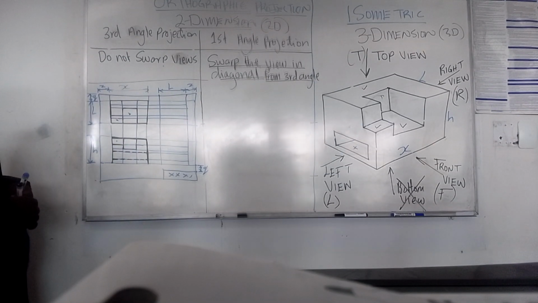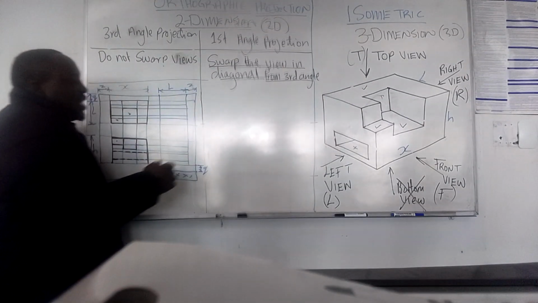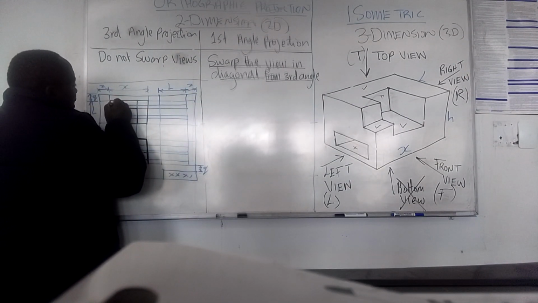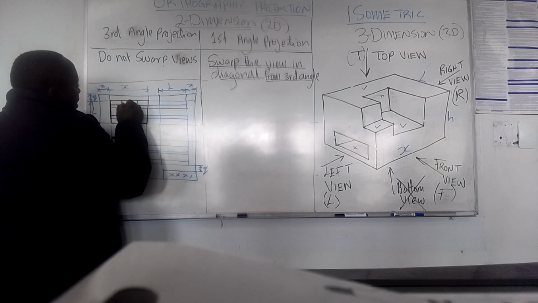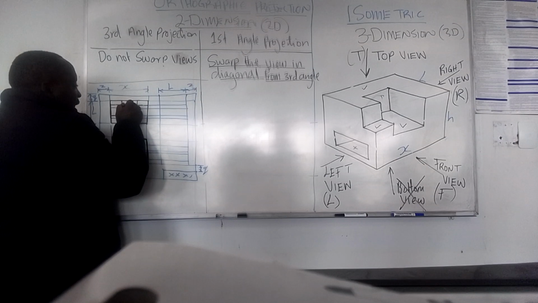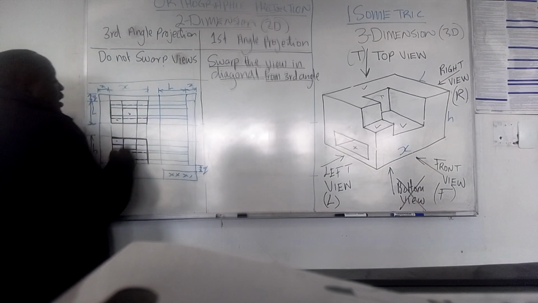Now, this hidden part that I can't see, it's dashed lines, ne? Not dots, dashes. Like that.